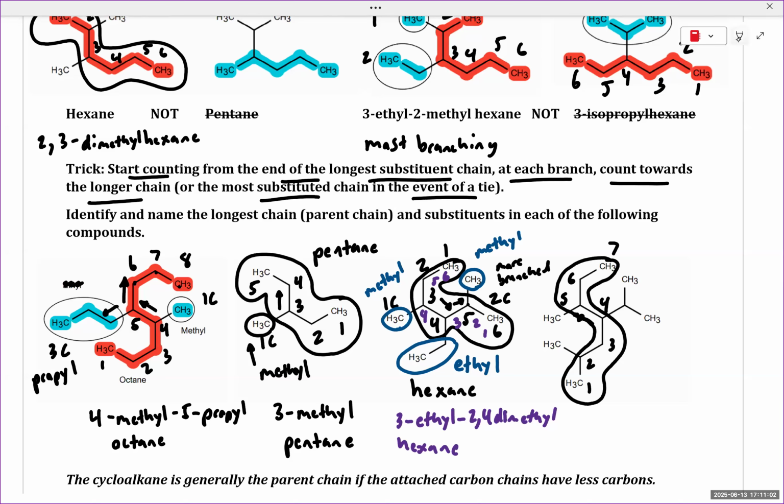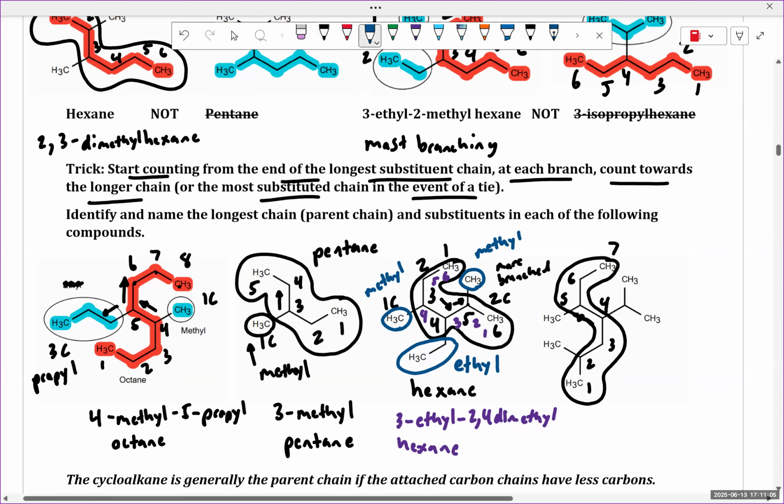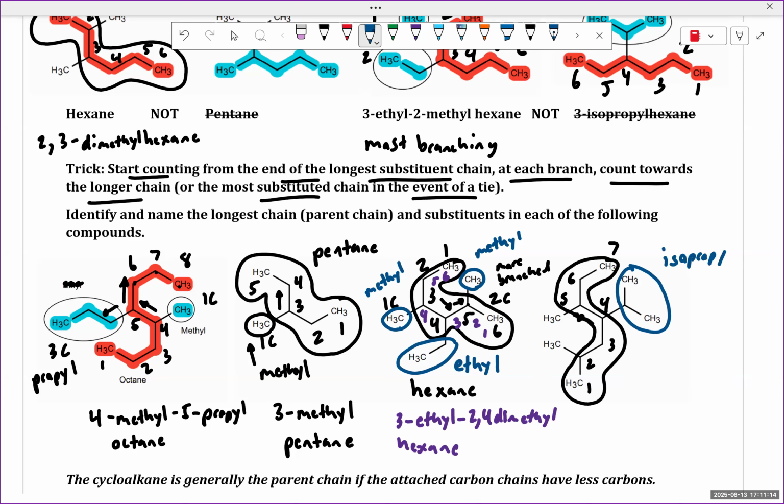Now let's identify and name our substituents. So here we have a propyl group connected at the 2nd carbon. This is an isopropyl group. And then we have 1, 2 methyl groups. So this is one of the rare cases where we have a branched substituent that's named as a substituent, because in this case we have a longer chain by counting in the other direction.